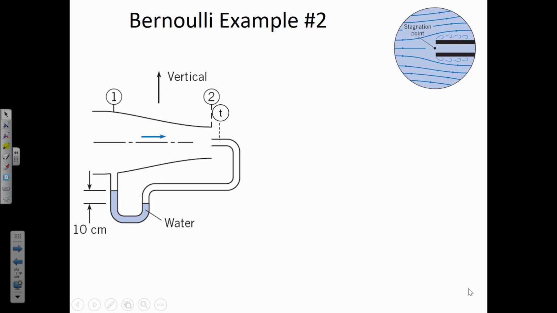So here we've got a manometer fluid, and we can measure some deflection in the manometer. Here the distance between the two is 10 centimeters, and we're just using water as the manometer fluid. So we've got 10 centimeters separating the two liquid surfaces.